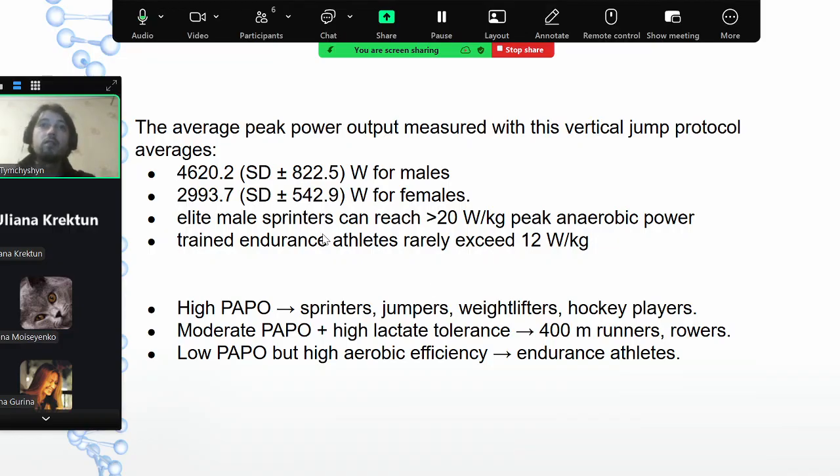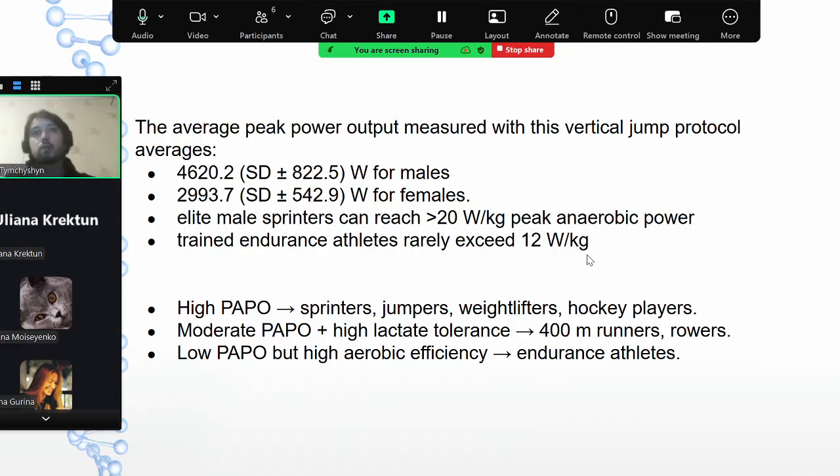Elite male sprinters can reach more than 20 watts per kilogram peak anaerobic power. That's a lot, and this is anaerobic, so they don't use oxygen for creating that power. While trained endurance athletes rarely exceed 12.